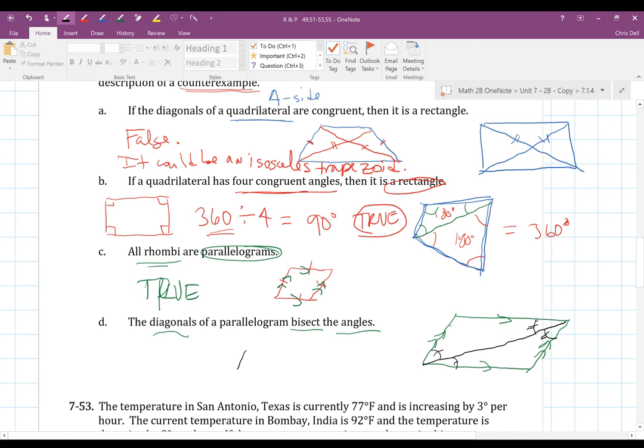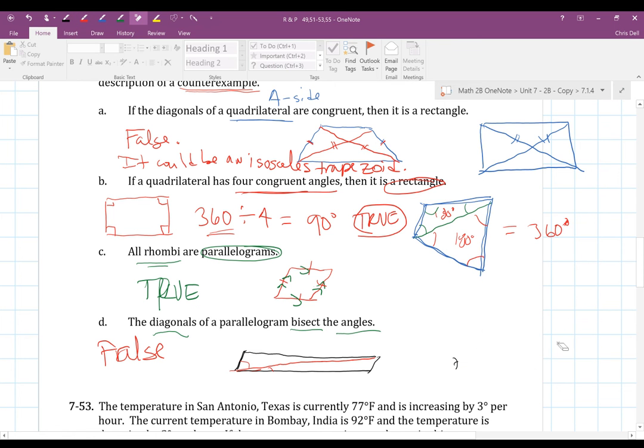Let me even draw one that's more extreme, but this is still a parallelogram. If I draw the diagonal, you can see more obviously that this angle and that angle are not going to be equal. So the diagonals of a parallelogram do not always bisect the angles. Where is it true? It's only true if the parallelogram is a rhombus, right?